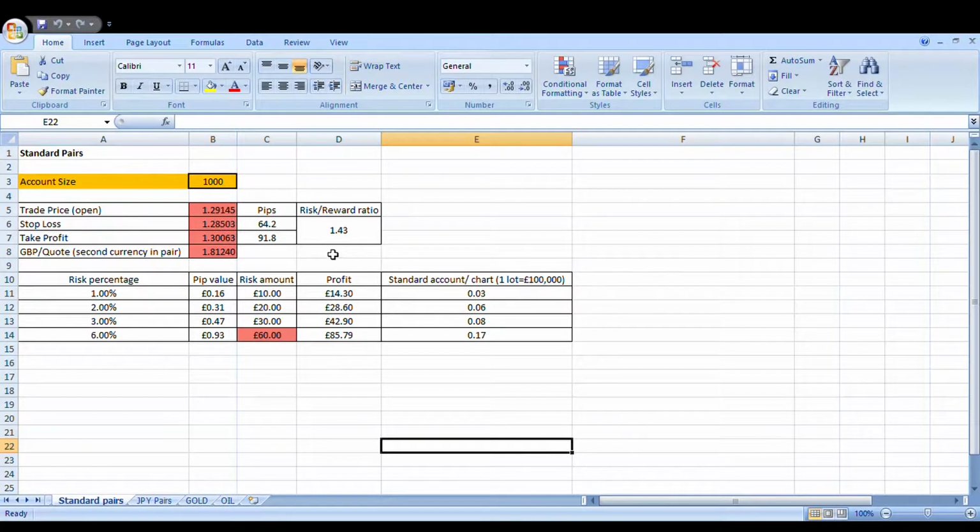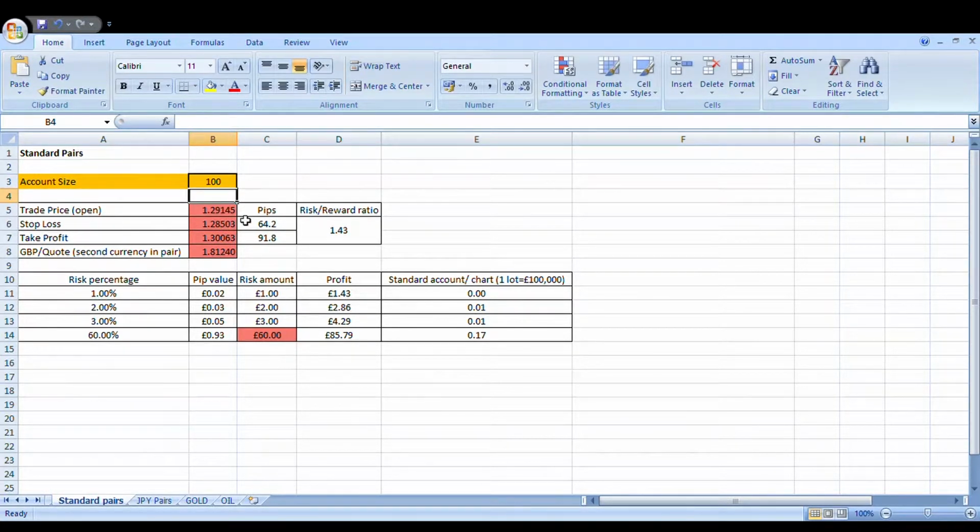So if I just talk you through this, right here we've got account size. So you'll fill this in, obviously, depending on your account size. Here I've just put as an example £1,000. Obviously you can put £100,000, or I don't know, even £100.